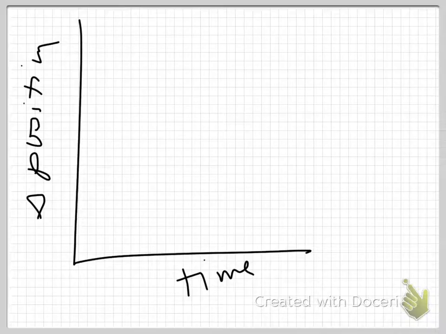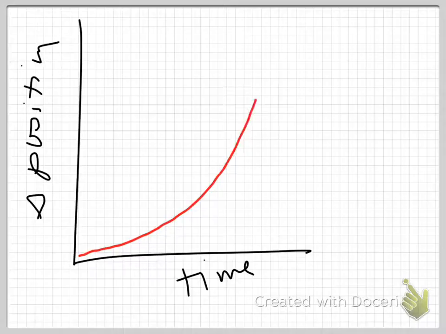Those are your options. It's increasing, because what is happening to the marbles? We'll talk about its speed right now. We'll leave off the velocity because we're just going to assume direction. So every second that it travels, its speed is doing what? Increasing. It's speeding up. So the graph of motion that is doing that is going to look something like that.